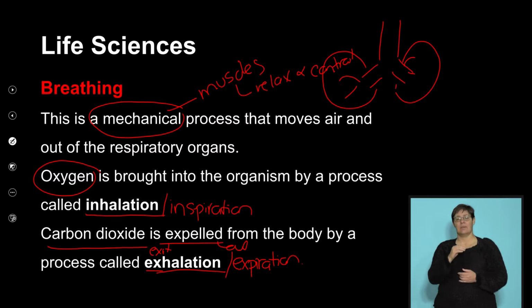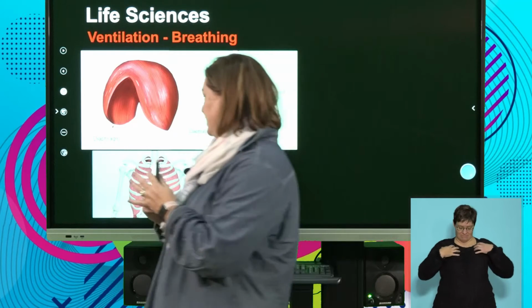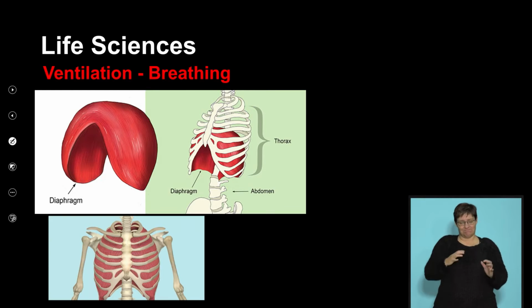Okay, so what we're going to look at is the process of breathing, and we need to use muscles. Now, the lungs don't have muscles, but what they do have is a thoracic cavity. Now, if we have a look over here, where do we get muscles? I've got this beautiful big diaphragm at the bottom, covering, it's a muscle.